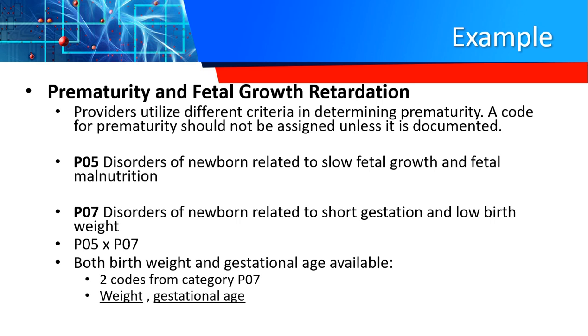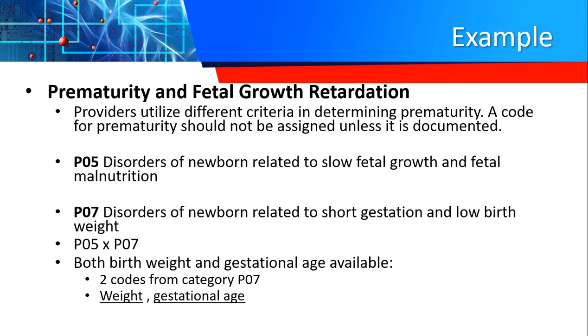Now, there are two different things. There's a code for prematurity and there's a separate code for fetal growth retardation. As you can see, P05, disorders of newborn related to slow fetal growth. Put a note there in your chapter 16 about P05. We are talking about slow fetal growth.